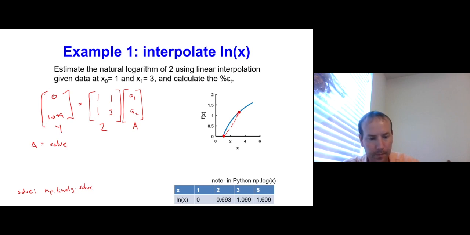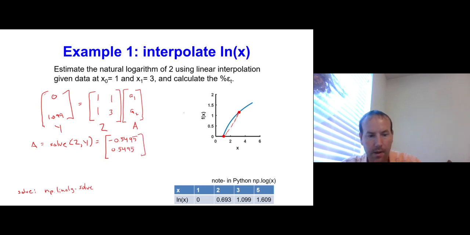Okay. So if you solve given z and y, and then you run that, you'll get negative 0.5495, 0.5495.